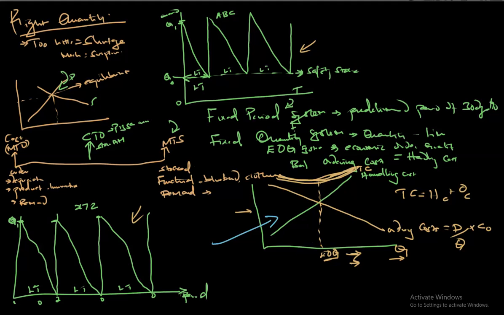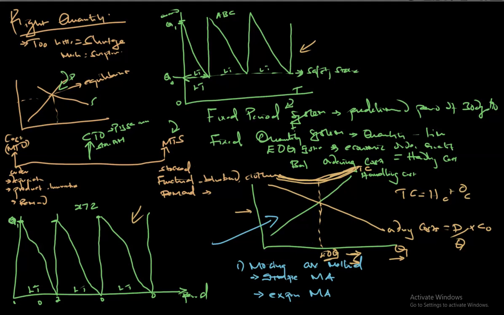But there is the other method, which is called the moving average method. In the moving average method, there are two types: the simple moving average method, and then the exponential moving average method. Now, in the simple, it takes the average.